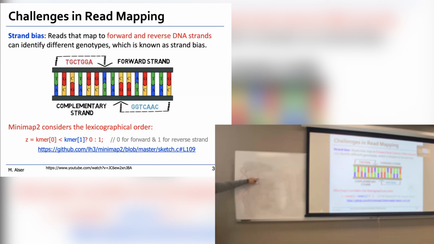And each of those strands is a double helix. For example, this is like this, and the other one is like this. I'm bad at drawing, but you can imagine what we are talking about.